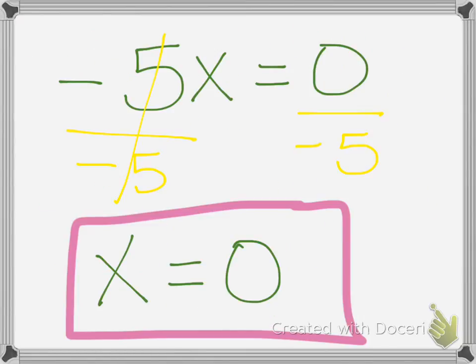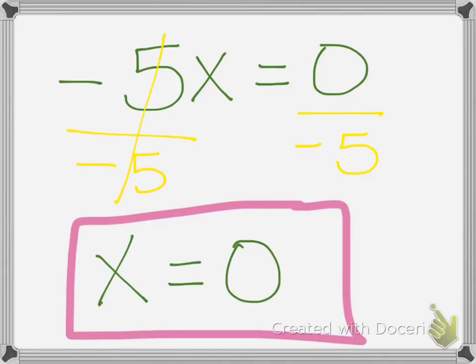For the last step, we do have to have the x by itself. Negative 5x actually means negative 5 is being multiplied to x. And in order to undo multiplication, we use division. We divide both sides of the equation by negative 5.